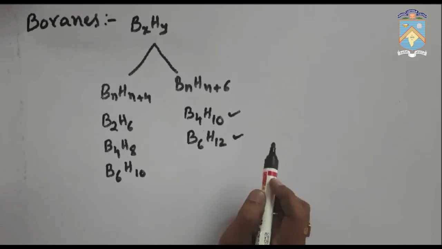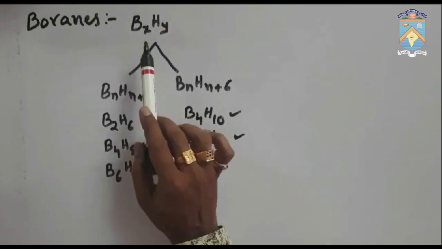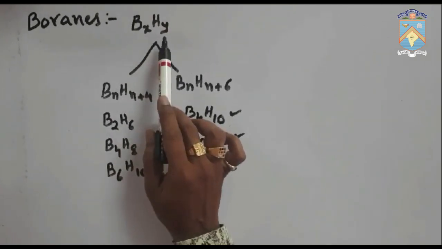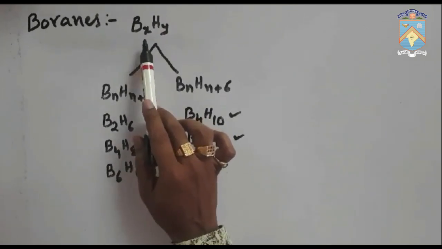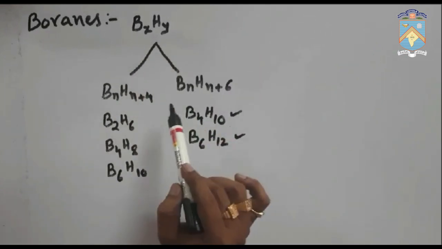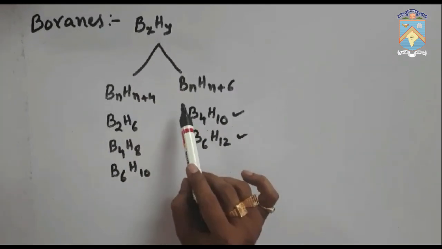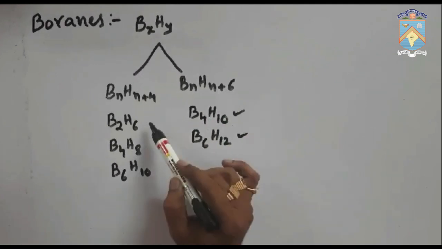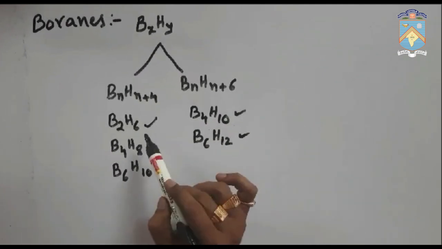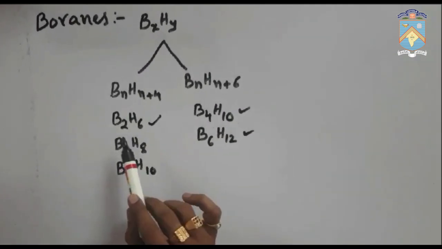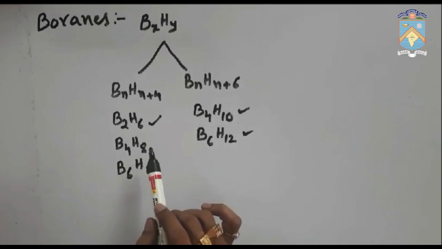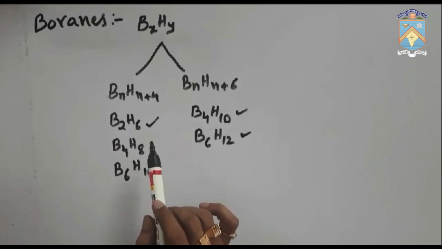So in this way, boranes, binary compounds of boron and hydrogen with general formula BxHy, are classified into two types, namely BnHn+4 and BnHn+6. So we are going to focus on diborane. We are going to see the preparation of diborane and the structure of diborane in detail.